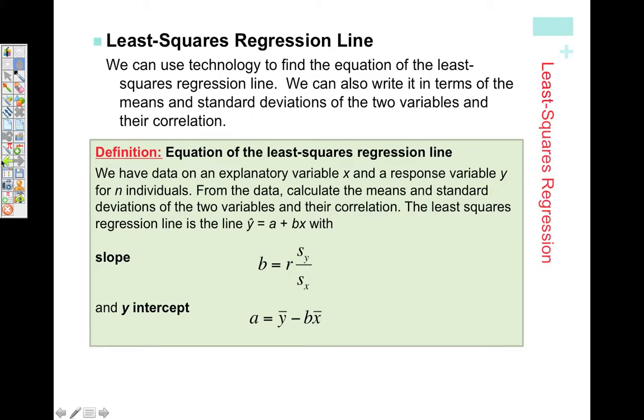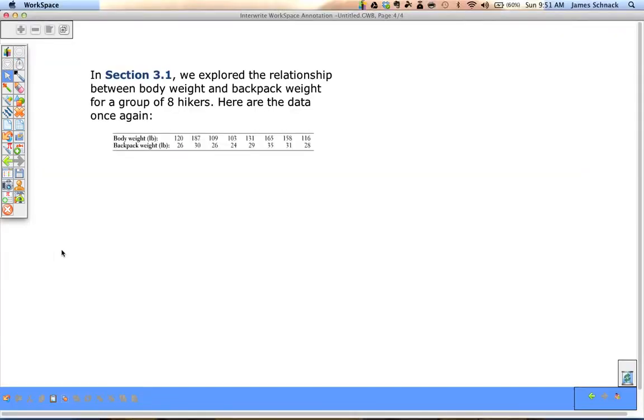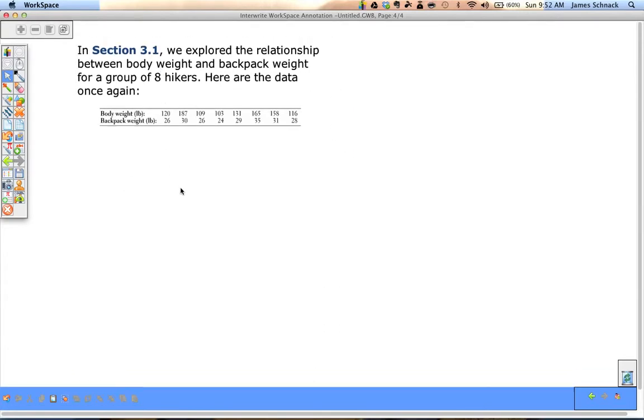So let's actually do this for our example. Here's our data. We can calculate what the mean and the standard deviation are for each variable. The body weight is my explanatory variable. The backpack weight is my response variable.